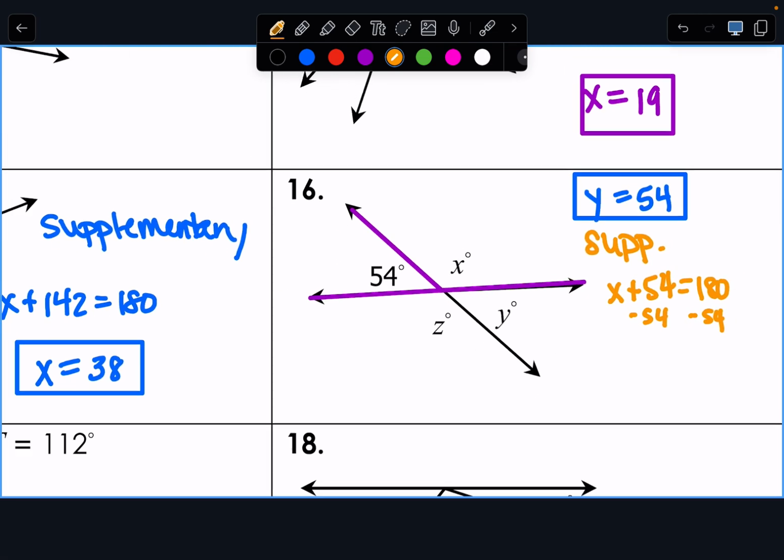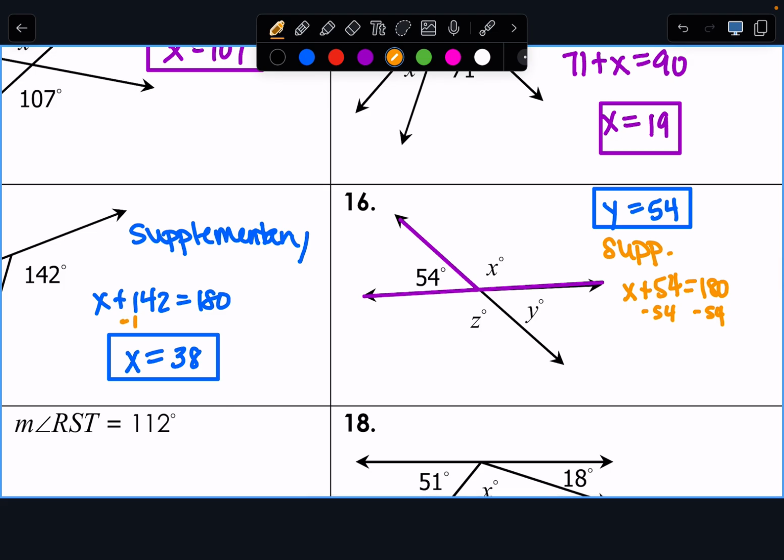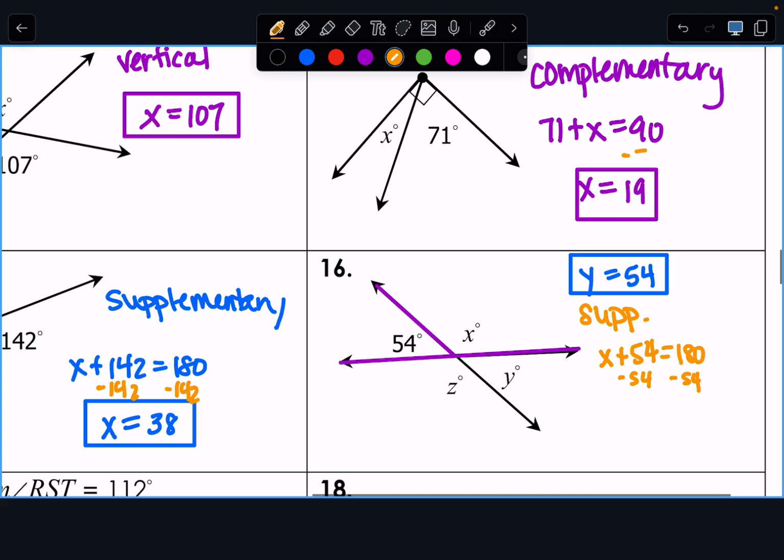Okay, so help me out. What's 180 minus 54? What do you say? 126, is he right? Landon is not sure if he's right. He's right?